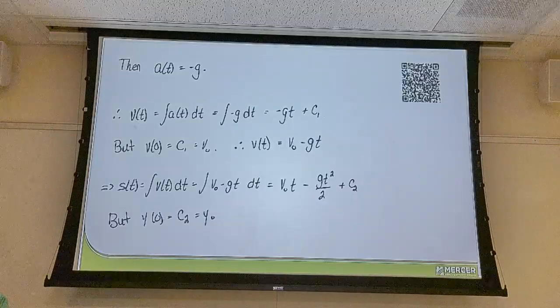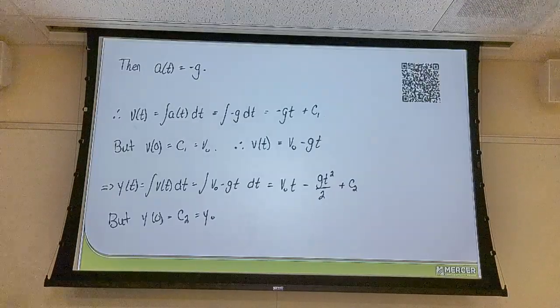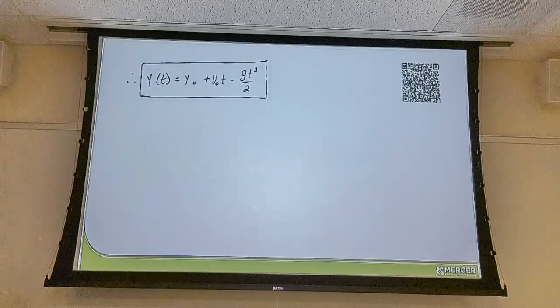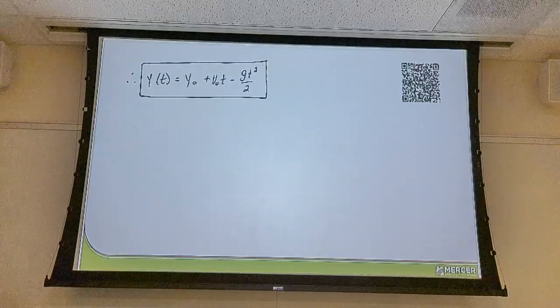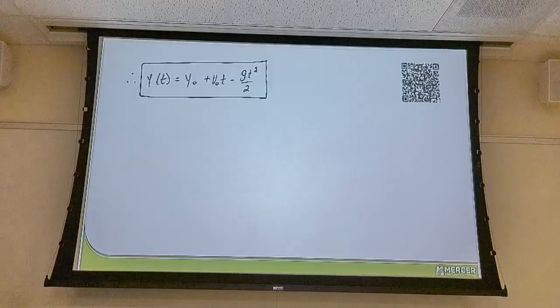It typically uses a y because we're only considering one dimension. That is your free fall model. This is the equation of free fall motion.